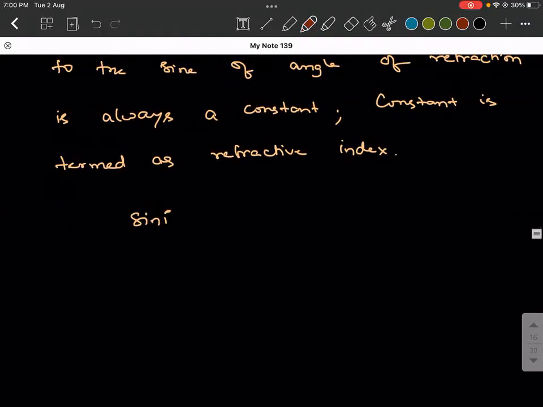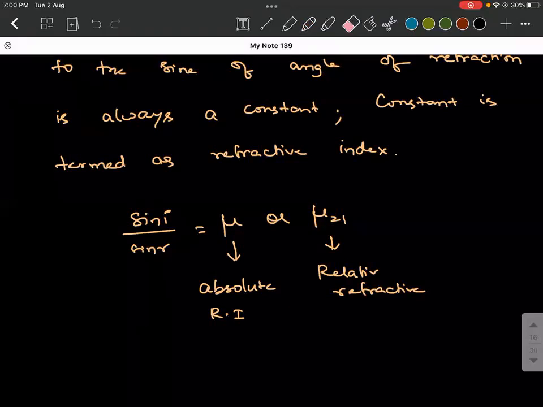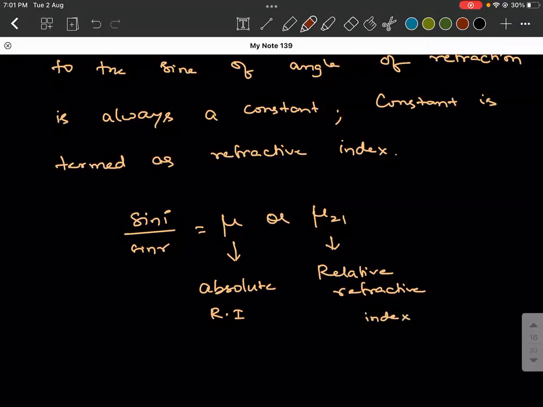So sine i divided by sine r is given as either mu or mu21. If they simply give you mu, it is called absolute refractive index. If they give it as mu21, it is called relative refractive index. Is it clear? So this is how it works.